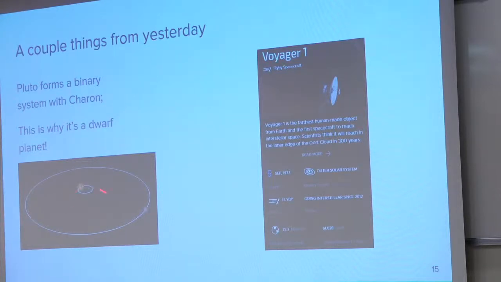So Pluto has a satellite, Charon, with which it forms a binary system, and that's why it's a dwarf planet, because it's affected by the orbit of Charon. And then also someone asked about Voyager 1 when I was discussing the Oort cloud. It's currently outside the orbit of Pluto, but it's not going to get to the inner edge of the Oort cloud for another like 300 years.